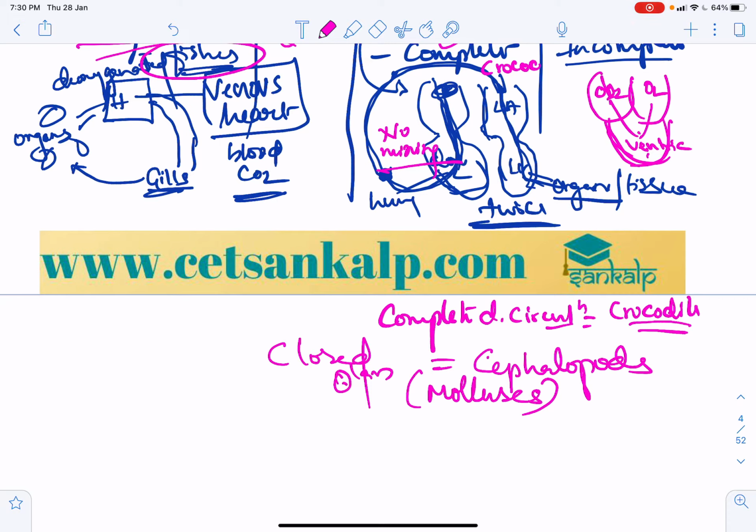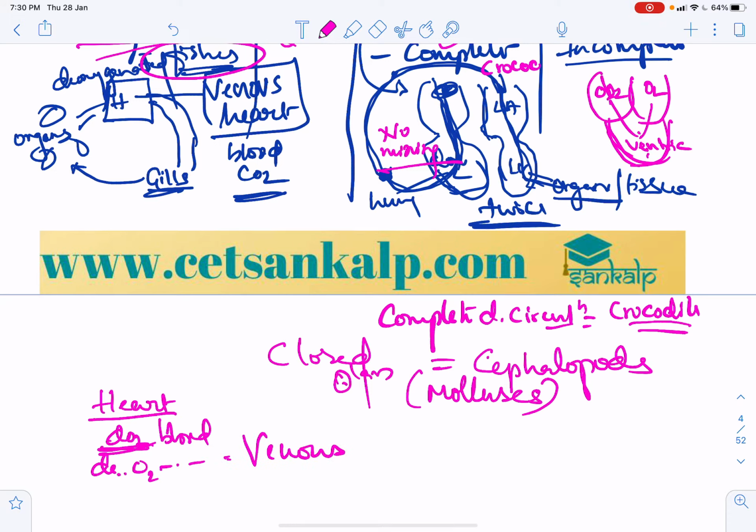blood content, how it will be. Based on this, we can also classify the heart. If it receives only deoxygenated blood, in short form we represent this as DO2, then we say such a heart is called a venous heart.